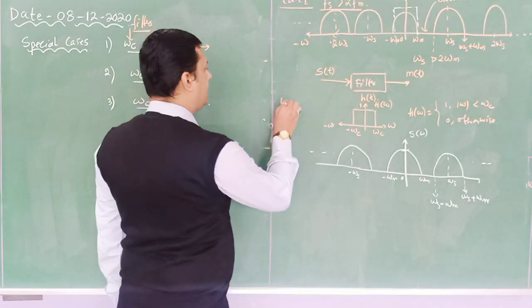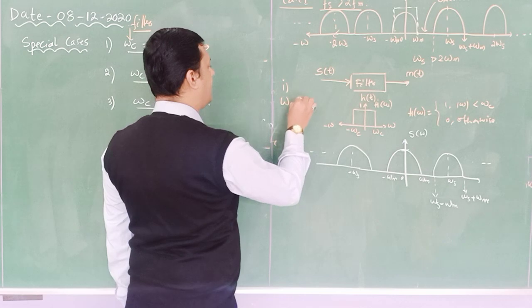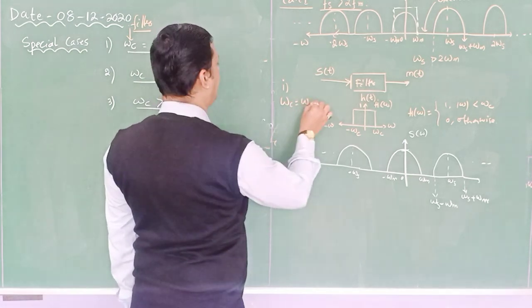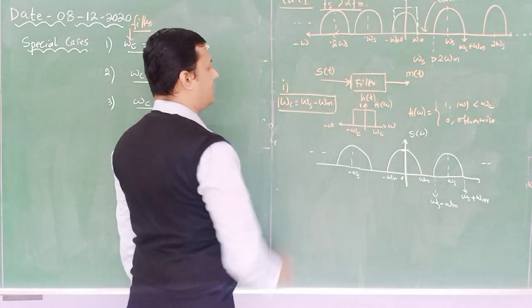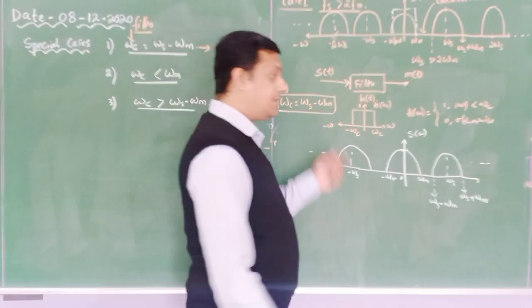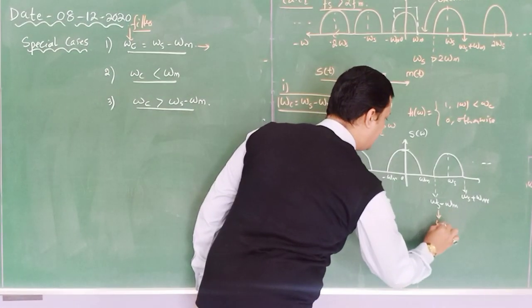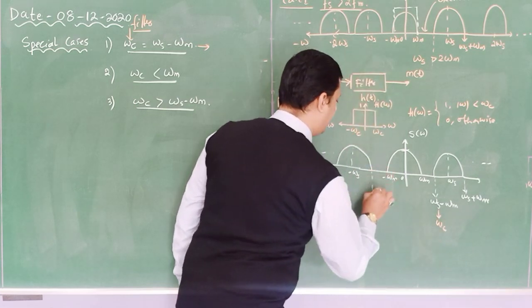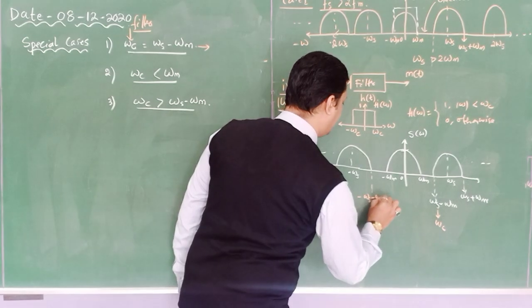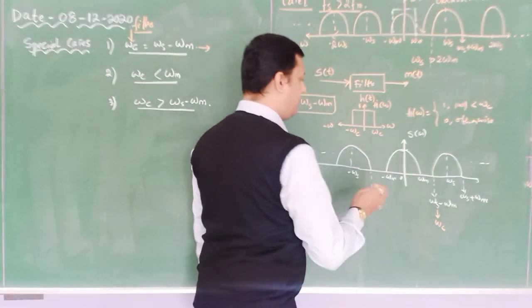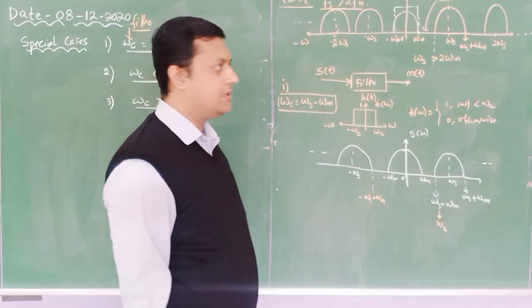Now here, first case, omega c is equal to omega s minus omega m. Now if omega c is this and this is also minus omega s plus omega m for the left hand side, done.